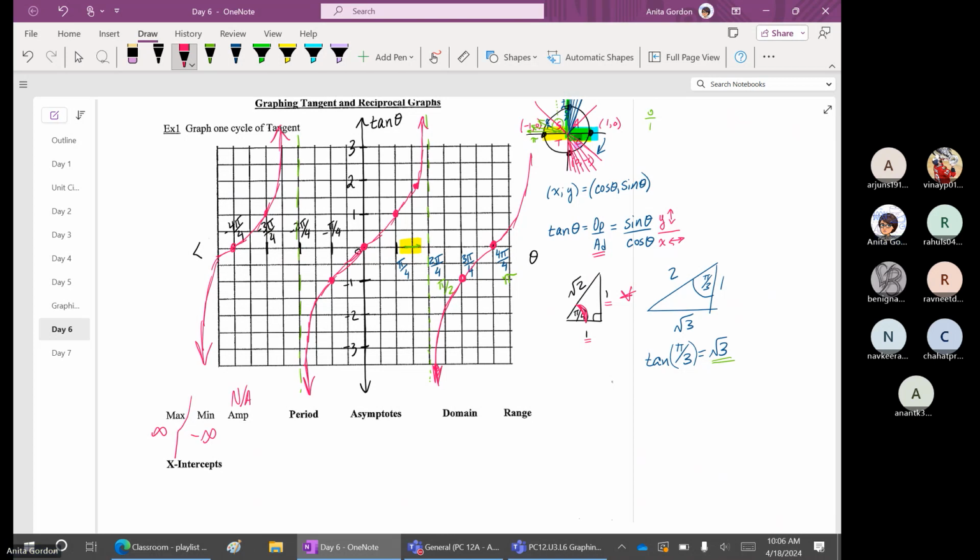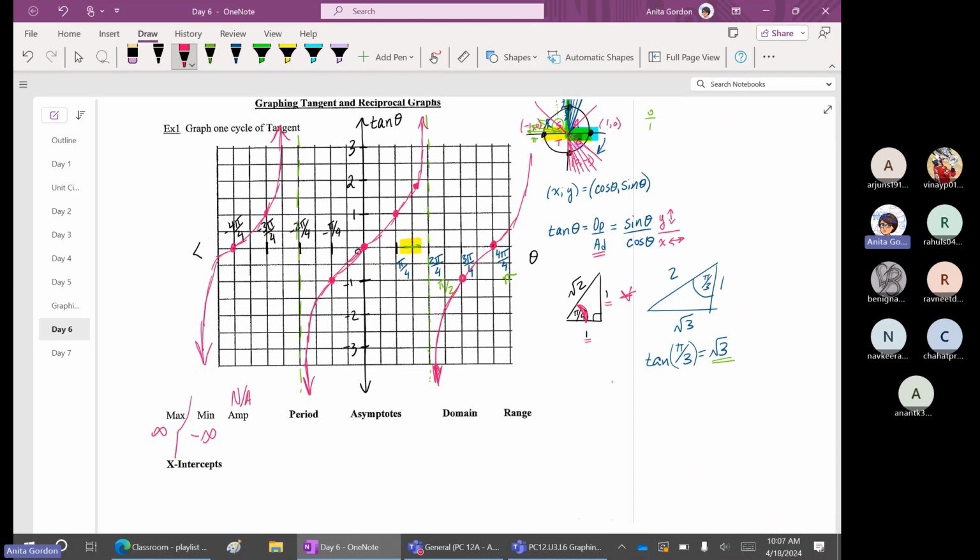What about the period? The distance between key points, or the distance between the rotations. I've graphed for you three rotations. The main one is in the middle, that's the one we're worried about.